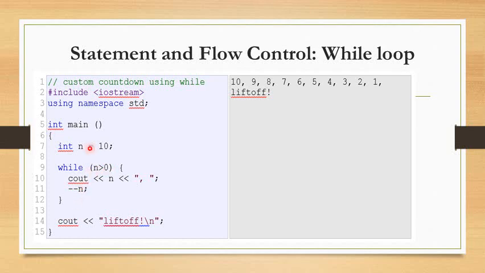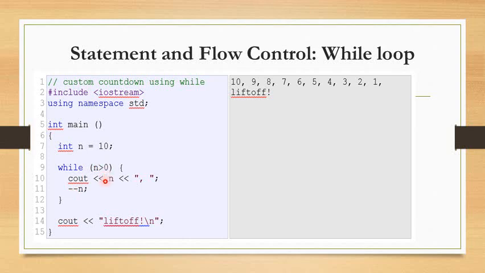Let's check it. In the first instance, if you look at line 7, n is declared to have 10 as its value. And the loop says that while n is greater than 0, it should print n. So in the first instance, our n is 10, it will print 10, followed by a comma. Then it will decrement the value of n. Once it's decremented, you will have 9. 9 is greater than 0, yes, of course.